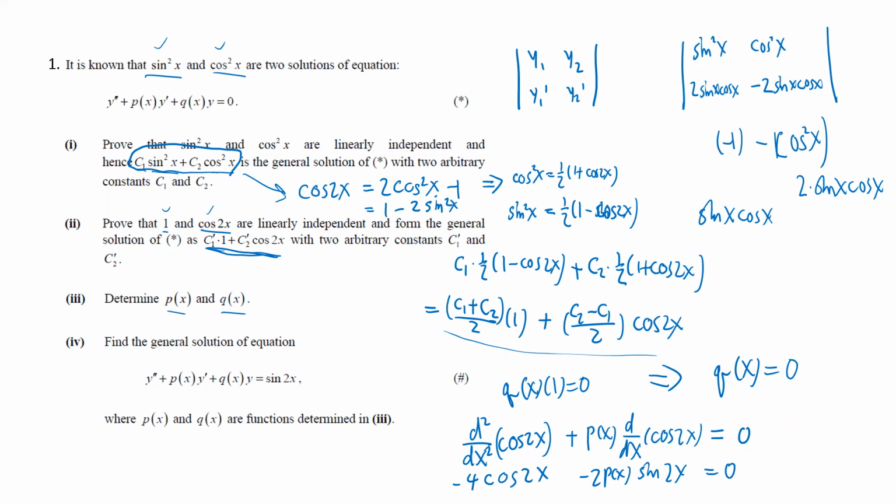So then you can find out p(x). So p(x), what is it? It's 2 times cosine 2x divided by sine 2x. So that's part C.